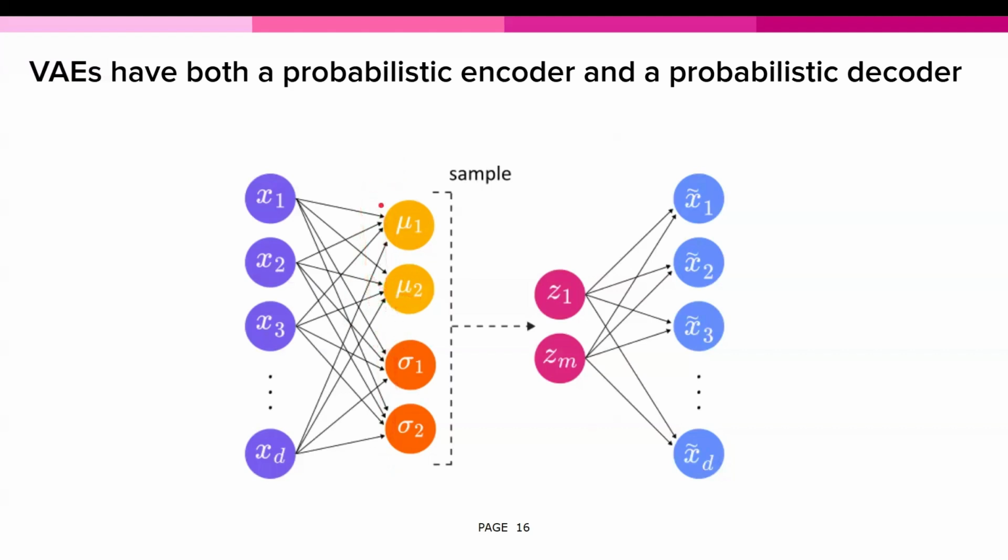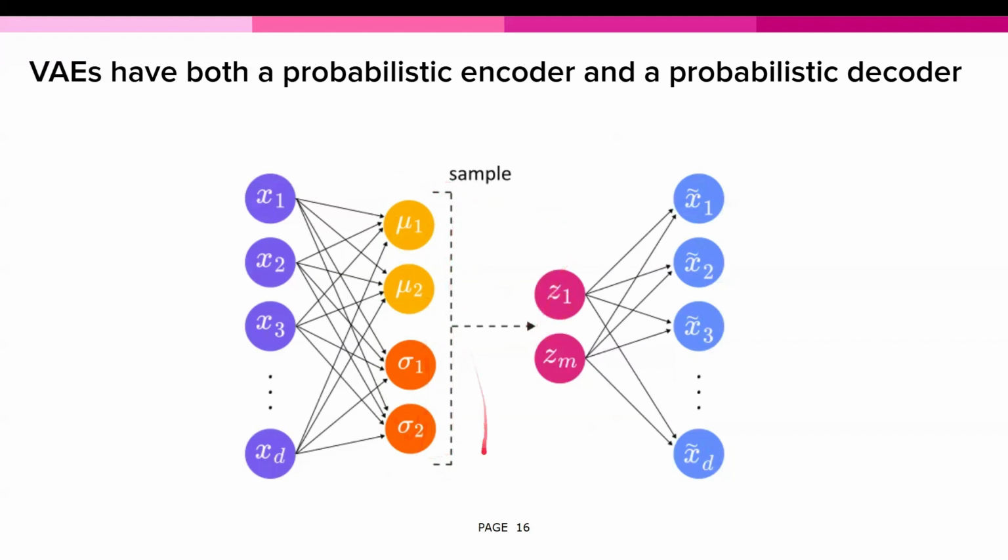I've assumed a two-dimensional latent space. But if we have an m-dimensional latent space, then we would need a mean and a variance for each dimension in the latent space. These values parameterize a Gaussian distribution, so the encoding is not a fixed point but the parameters of a probability distribution. A key aspect of VAEs is that once we have this distribution, we then draw a sample from it.